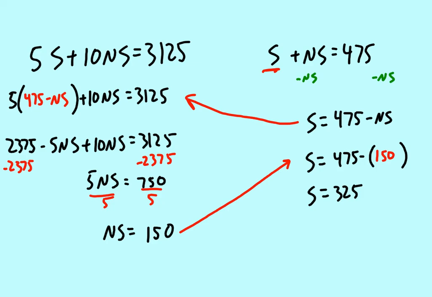So I would write that as s equals 325 and ns equals 150. I would plug the 325 and the 150 in just to double check things, but that, my friends, is how to solve that word problem.